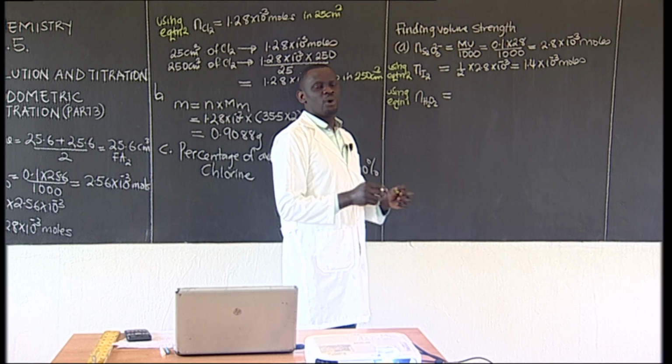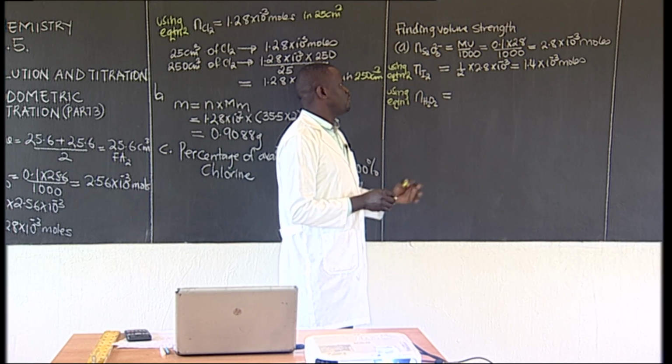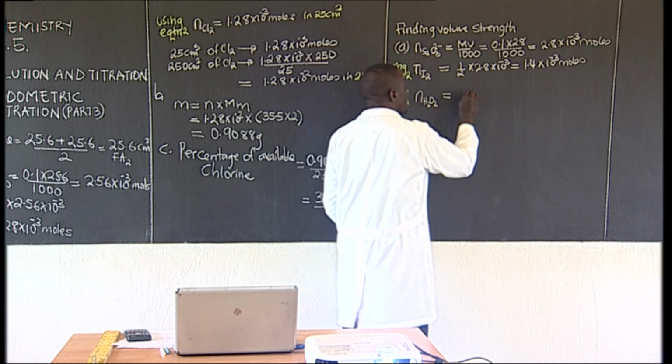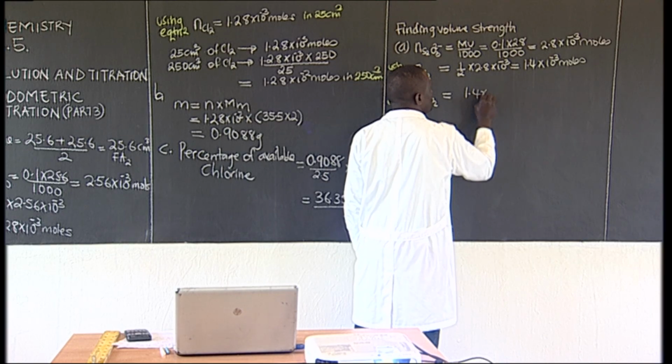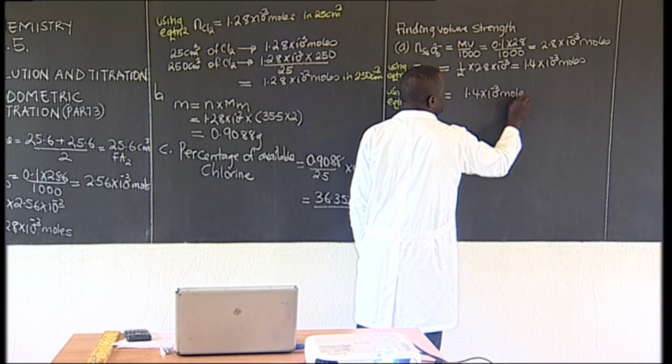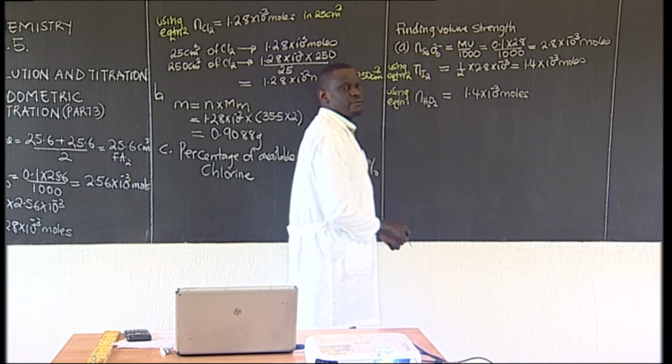So the mole ratio is 1 to 1. The moles of iodine will be equal to the moles of hydrogen peroxide. So we have again 1.4 times 10 to the power negative 3 moles.